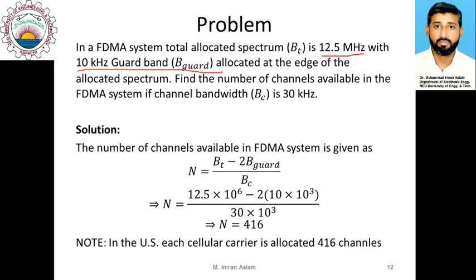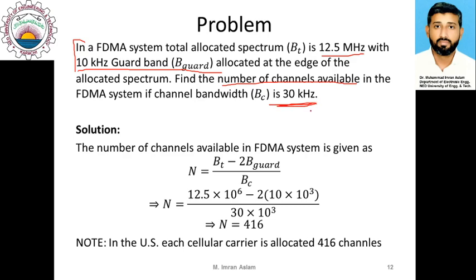So this 10 kilohertz guard band at both sides cannot be used for any transmission purposes. So we need to estimate how many channels we can get with this FDMA system if each channel has a bandwidth of 30 kilohertz.